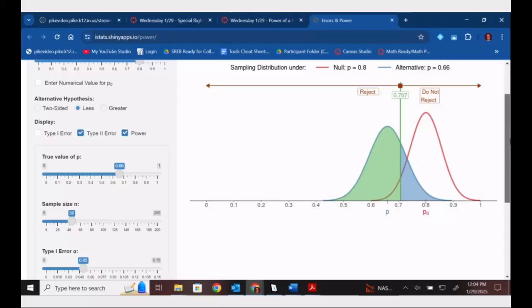to increase the power. I'm going to give you guys about 5-6 minutes to play around with N, alpha, and P to see what you need to do to increase the power.